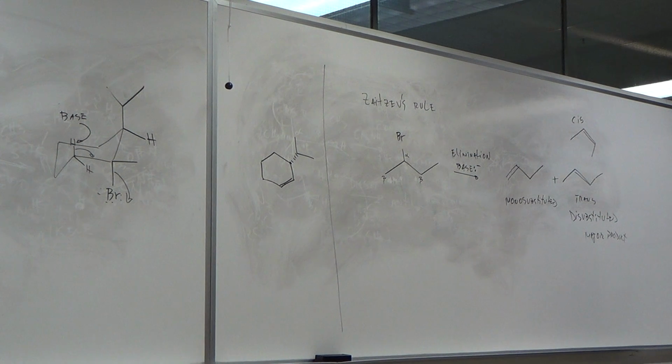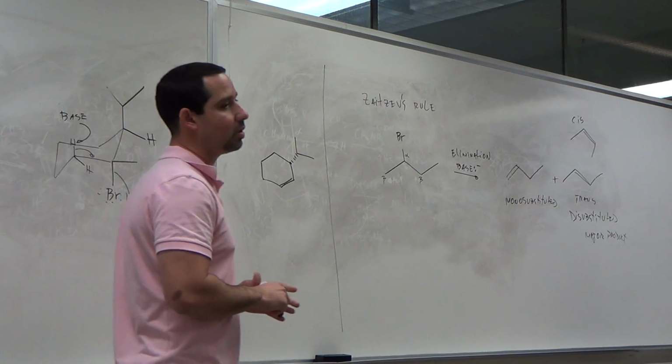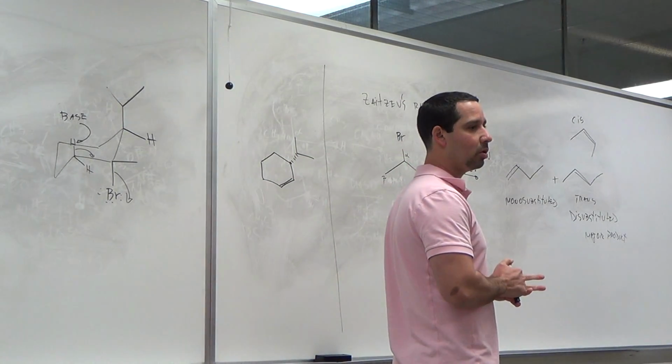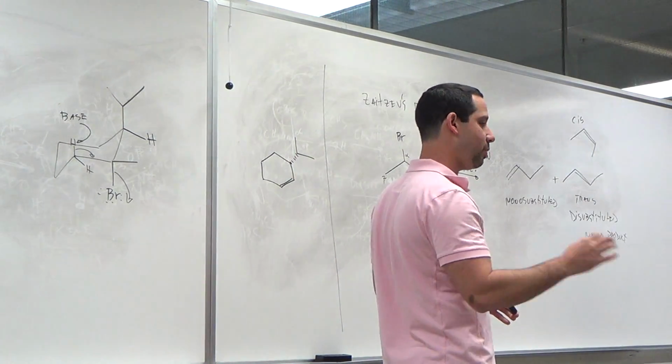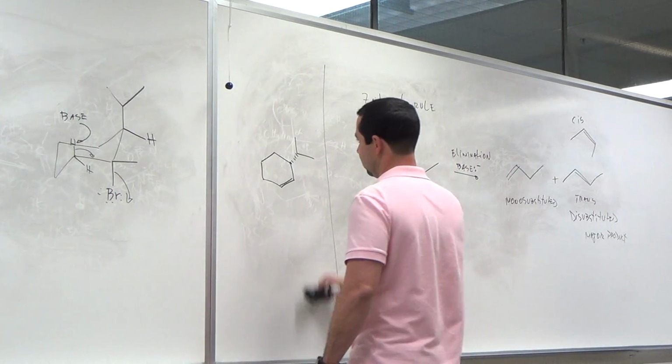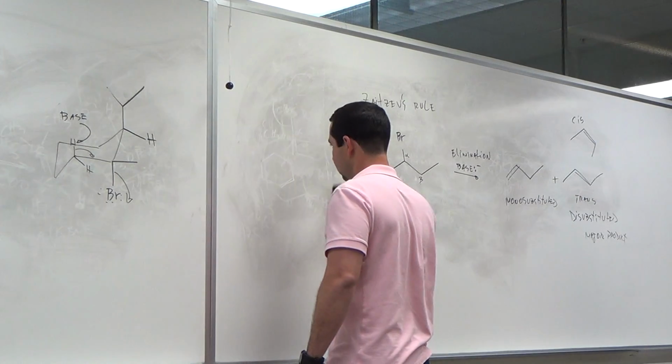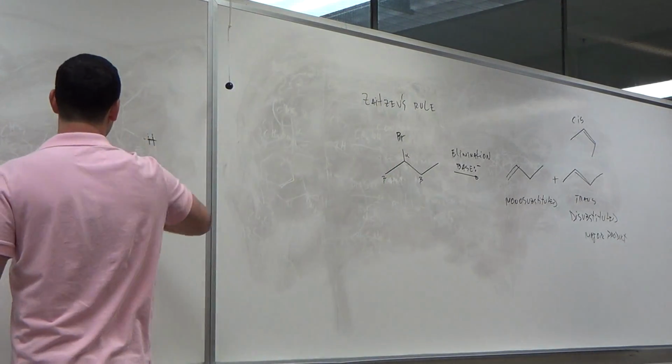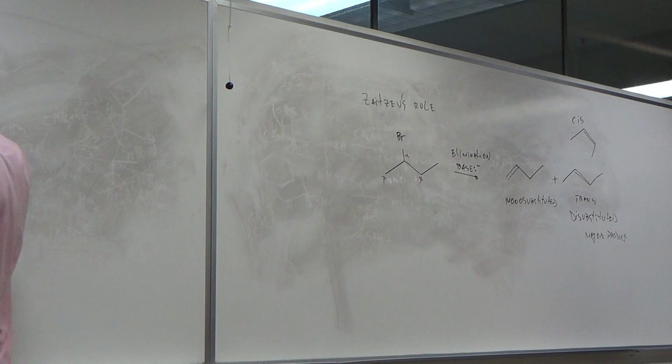Conditions for eliminations are which ones? The use of a strong hindered base favors elimination, yes? Write it down. Elimination is favored by a strong base. It's better if it's hindered. Eliminations are also favored when the reaction is heated. And heat is a delta, yes?